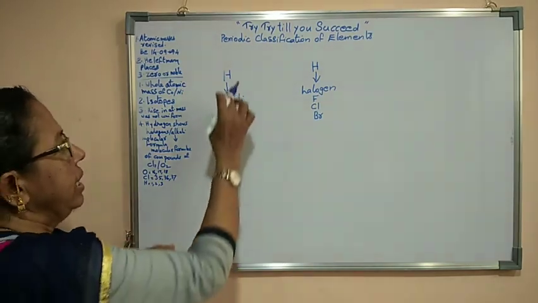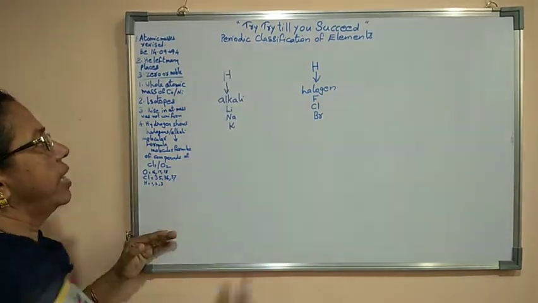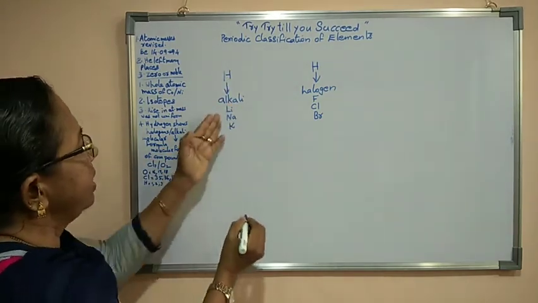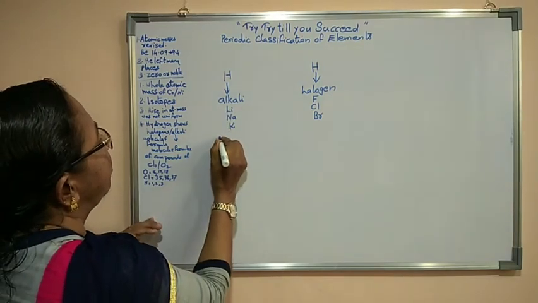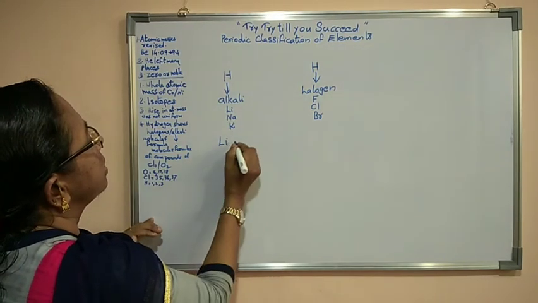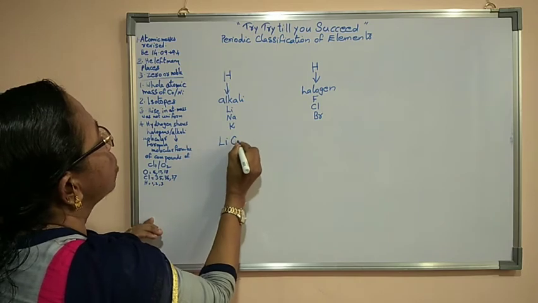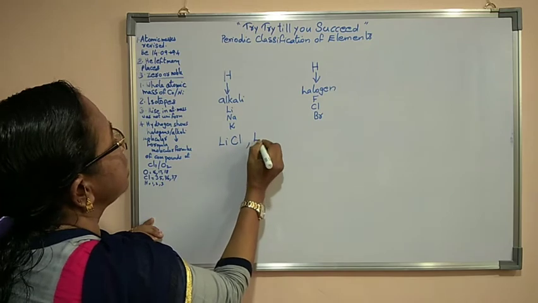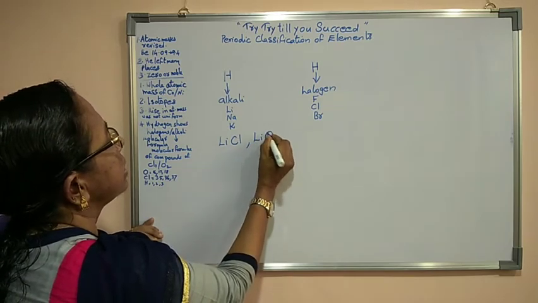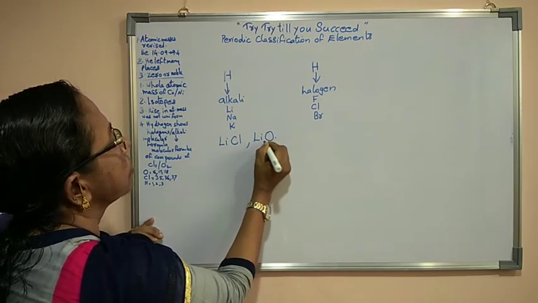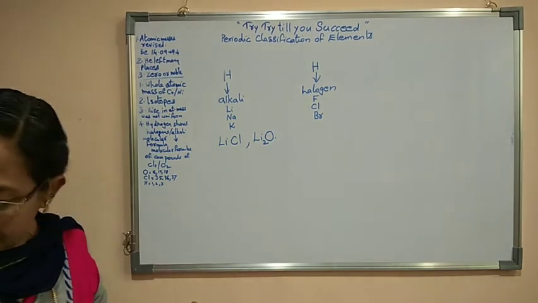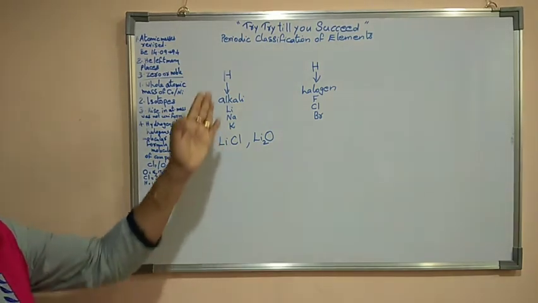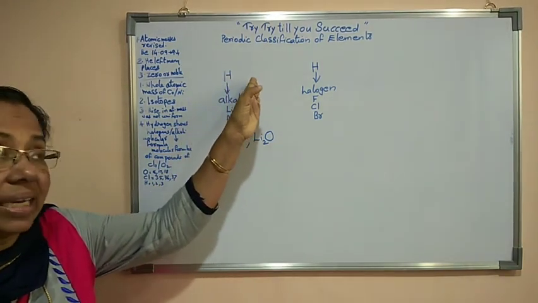If we think of the relation of hydrogen with the alkali metals, these alkali metals have the capacity to react with chlorine as well as with oxygen. Hydrogen is showing similarity with the alkali metals.